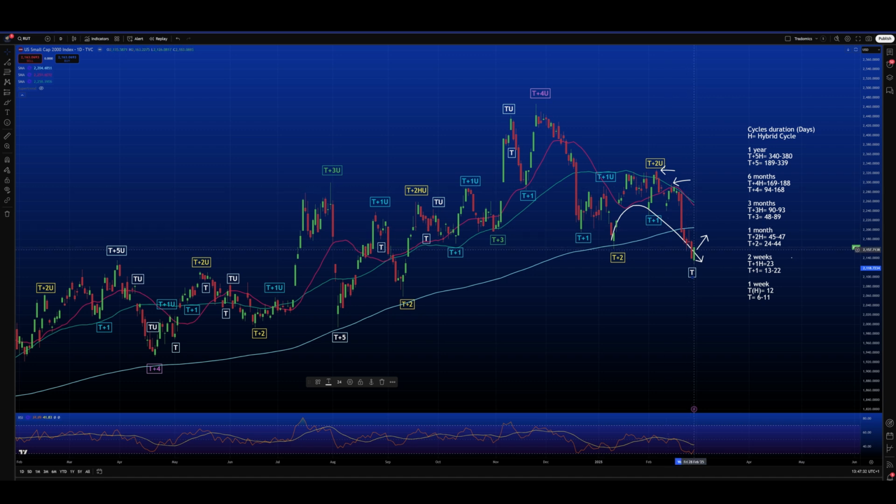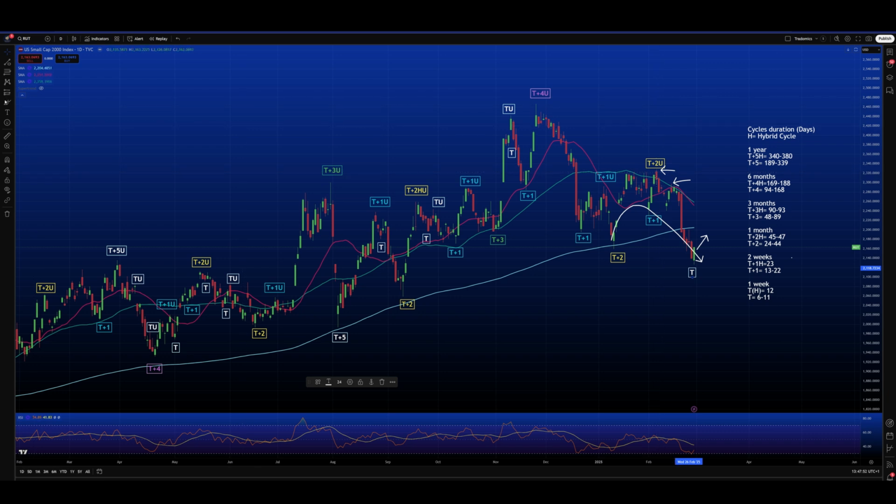And here, as for the Dow Jones, this push toward the upside can be more consistent compared to Standard & Poor's and Nasdaq, because the T plus 2 also in this case was formed before the corresponding top of the Standard & Poor's and Nasdaq.